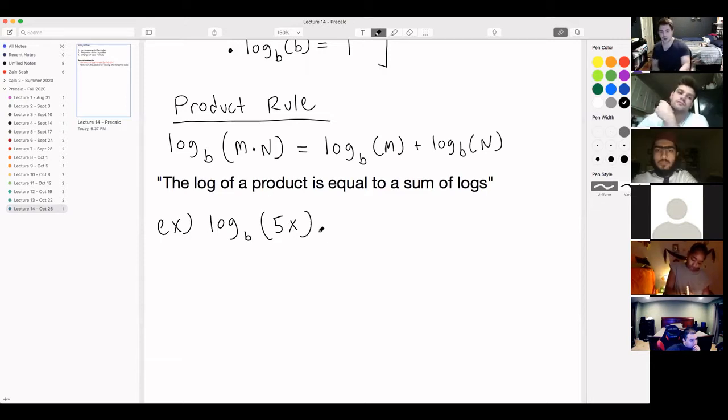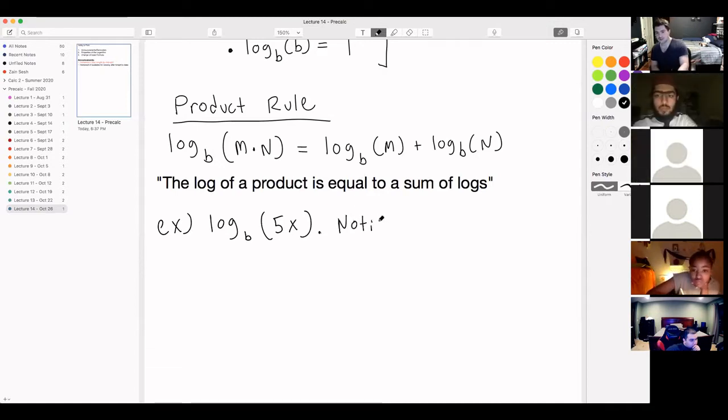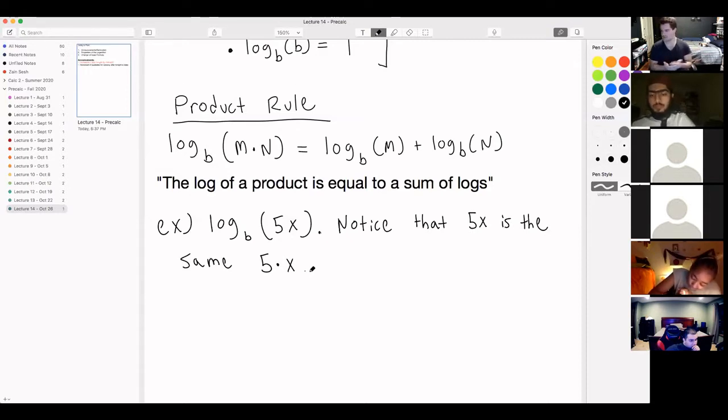Just for the first example or two, I'll be very slow and explicit. The first thing you notice is that 5x is the same as 5 times x. I'm not really saying anything new here. I'm just realizing 5x as a product. It's 5 multiplied by x.